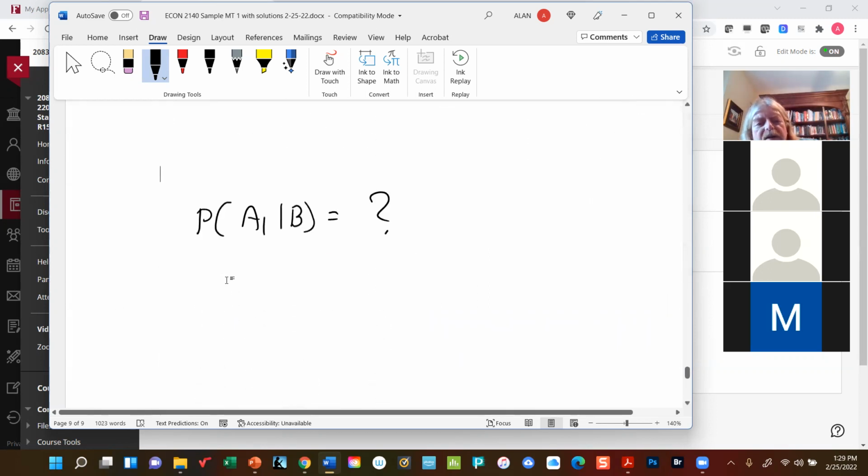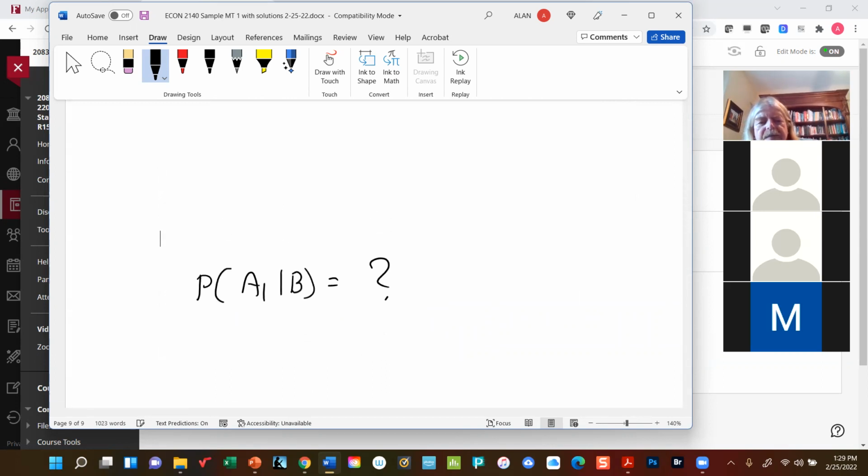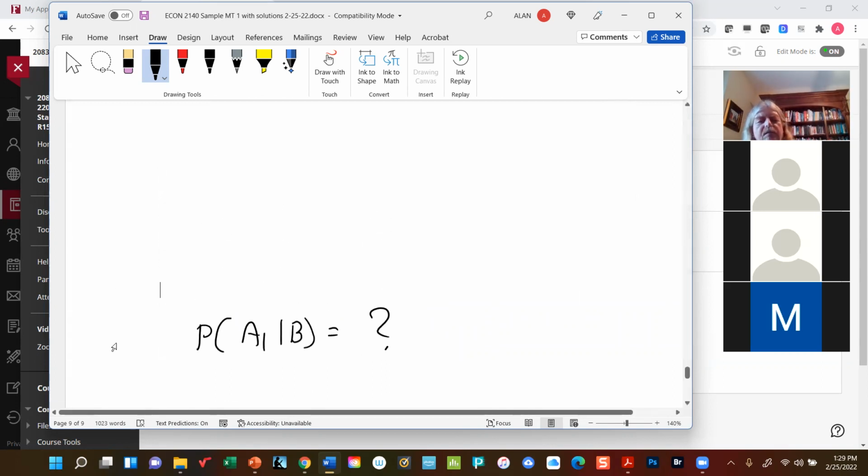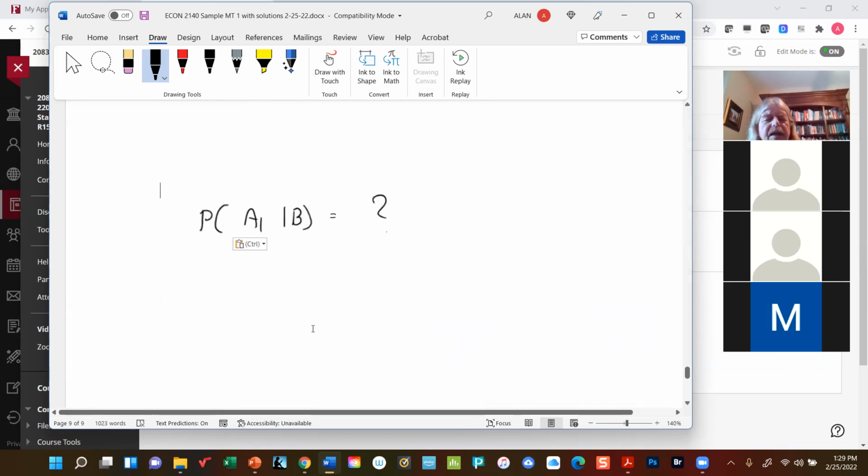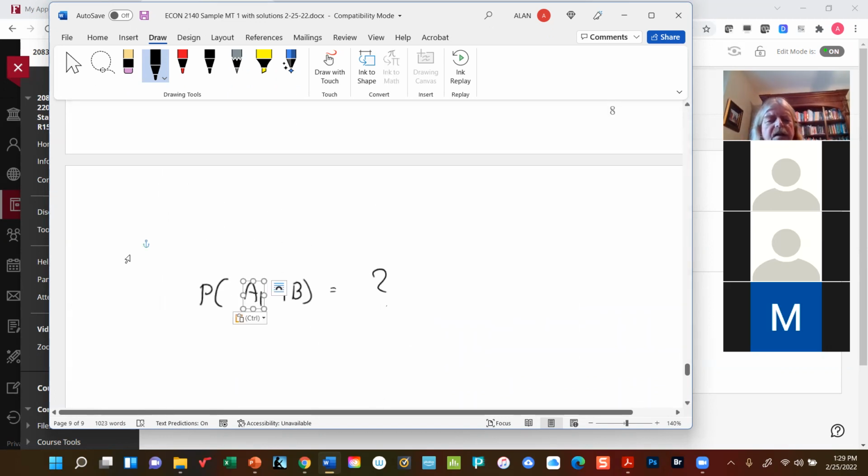And so the way it works is this. Now there's a formula, and in fact, it's on the formula sheet for the exam. Actually, let me fix this.